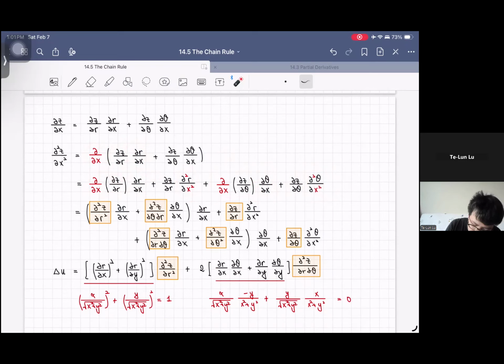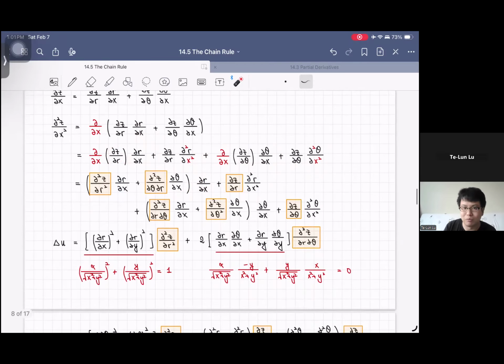So you have the second derivative of z with respect to r, times r with respect to x, whereas z with respect to r and theta, times theta with respect to x. And this term is the same, right? And then this term we can just give here. The same thing happens for theta. So the first term here can break down into two terms due to the chain rule again. Okay, now basically we're done.